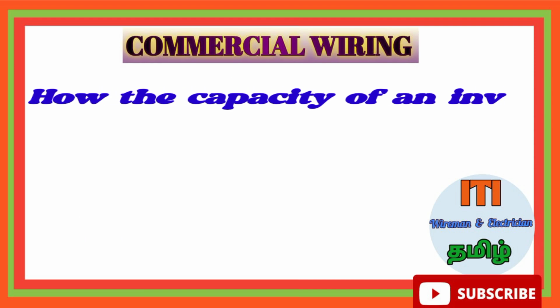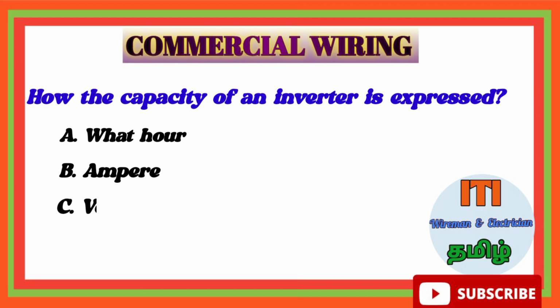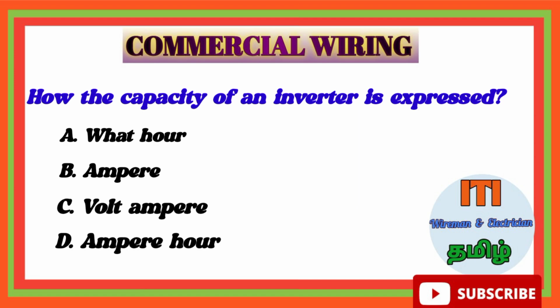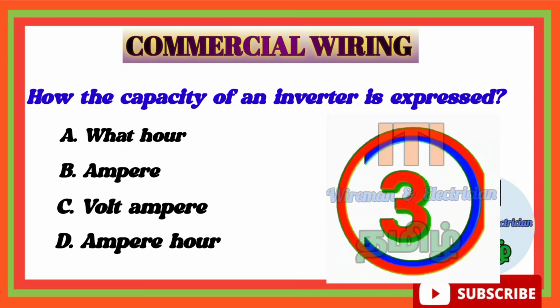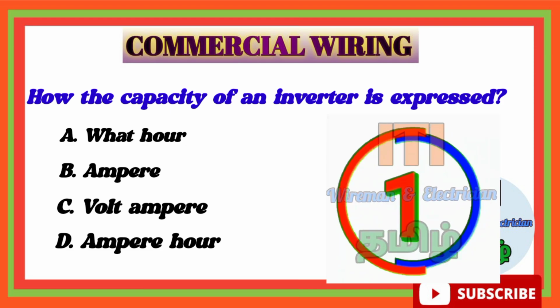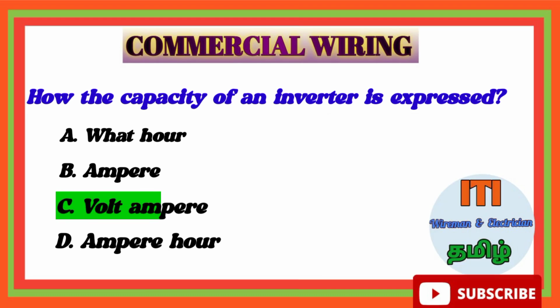How the capacity of an inverter is expressed? Option A, watt hour. Option B, ampere. Option C, volt ampere. Option D, ampere hour. Answer: option C, volt ampere.